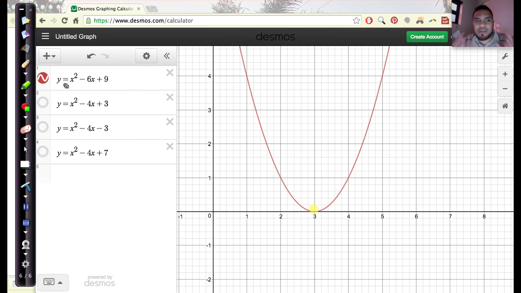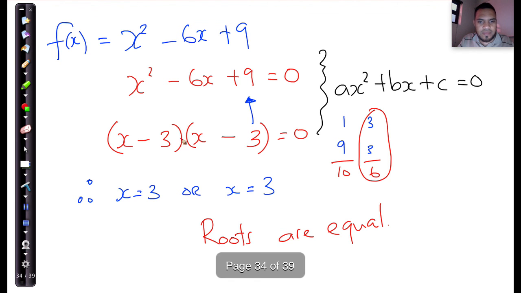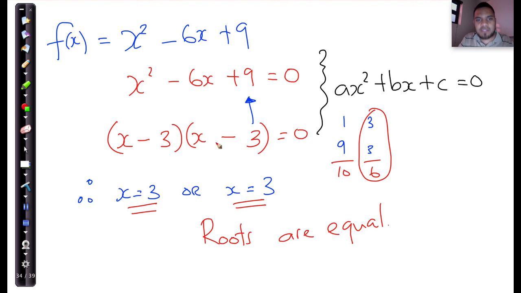Now, already from this, what can you tell me? You should be able to tell me that whenever I solve a quadratic and I get the same set of numbers, I get roots that are equivalent or equal.